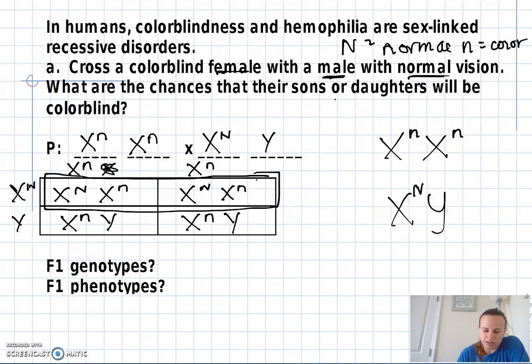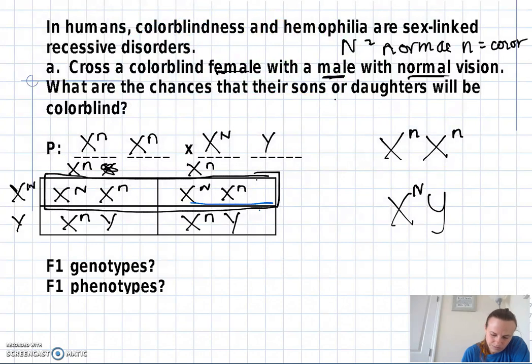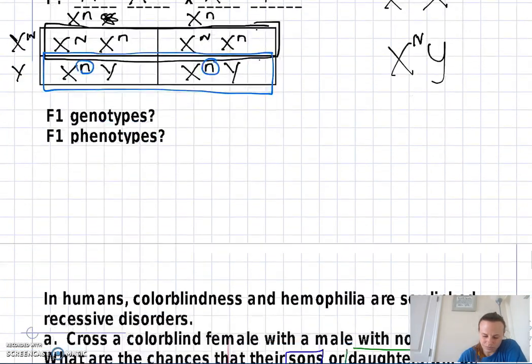If we look at just the males now, 100% of those males are going to be colorblind. But overall, the children in totality, only 50% of the children are going to be normal.